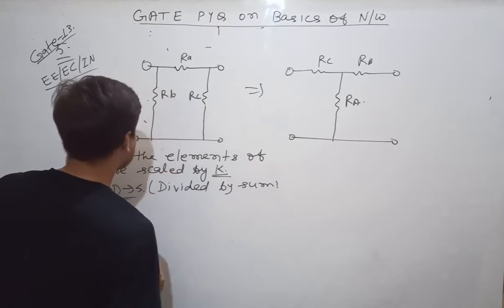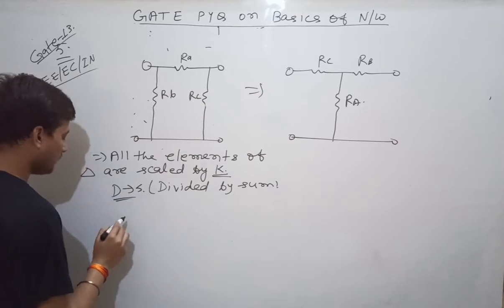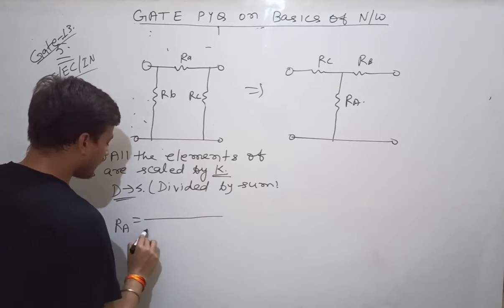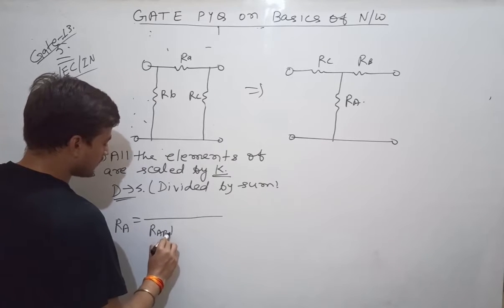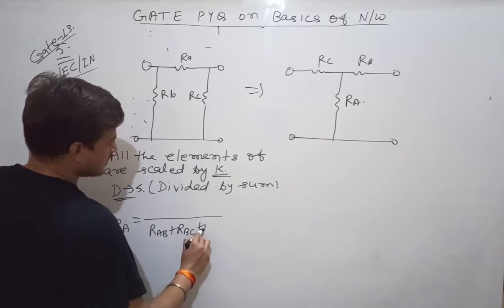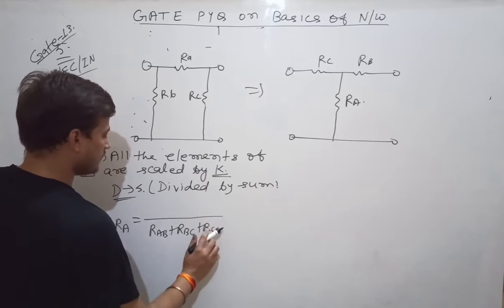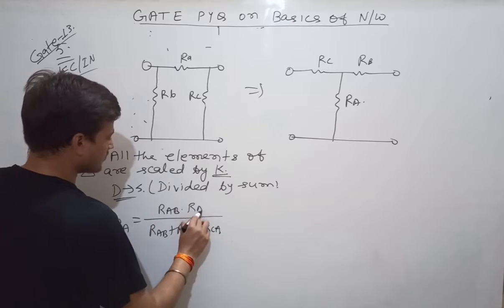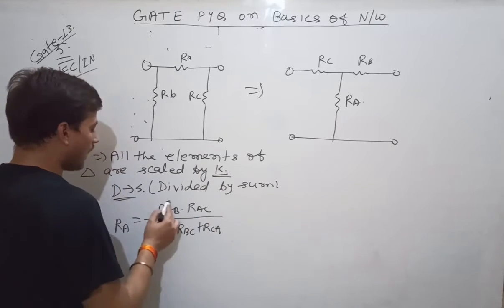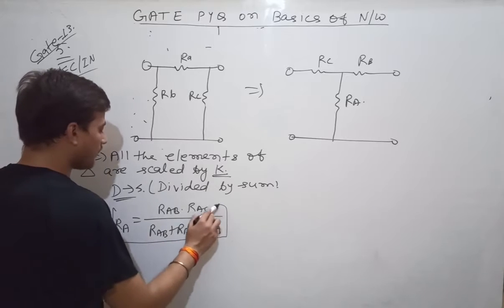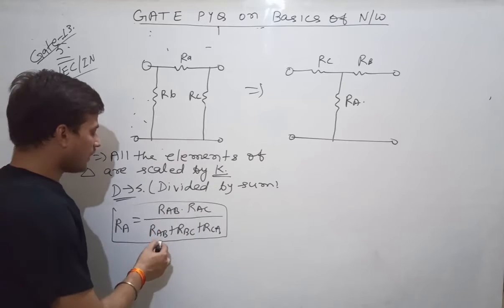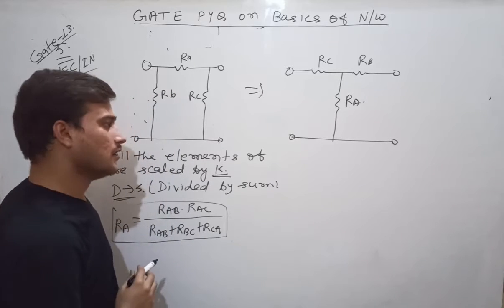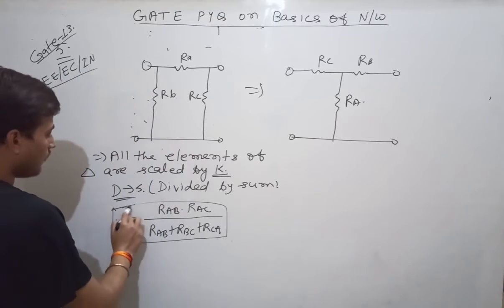So RA is equal to, divide by sum, RAB plus RBC plus RCA, and at the top it will be RAB into RAC. For your convenience I am taking RAB, RAC and RBC because here it is given RA, RB and RC. Clear?